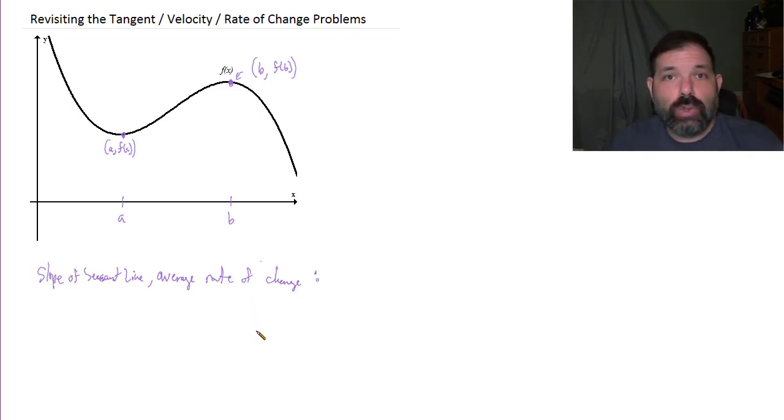So using the traditional slope formula that you learned back in beginning algebra, that was f of b minus f of a over b minus a.